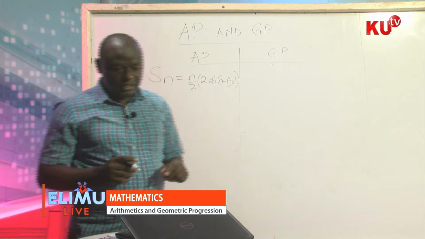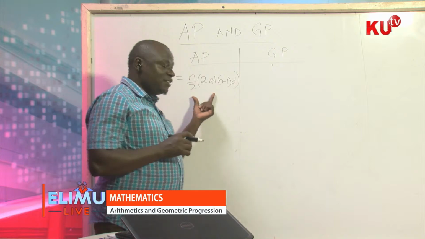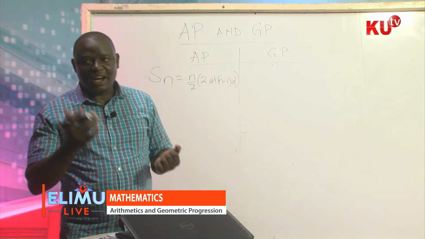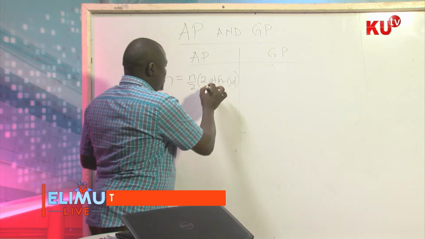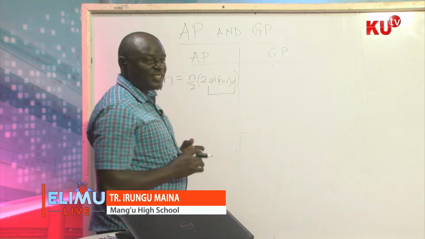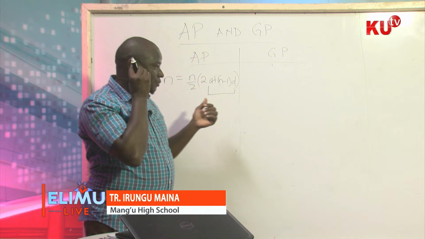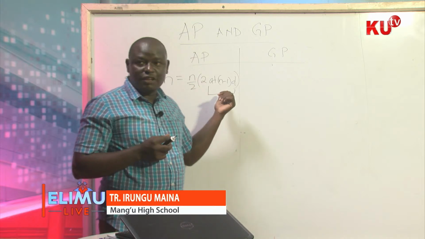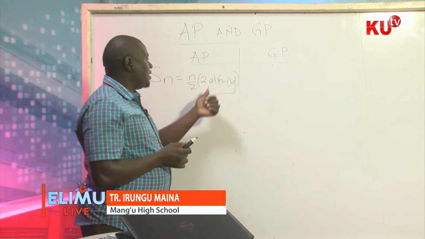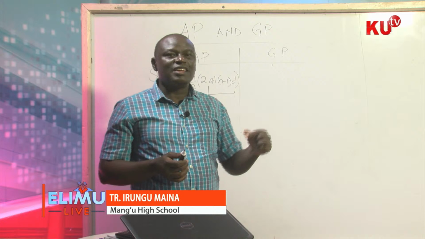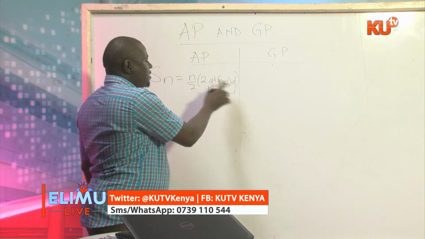Now, listen class. This formula, you don't have to cram it. It is provided for in the mathematical table at the back. The beauty of this formula is that if you cut it from that point, this part forms the nth term, the general term.